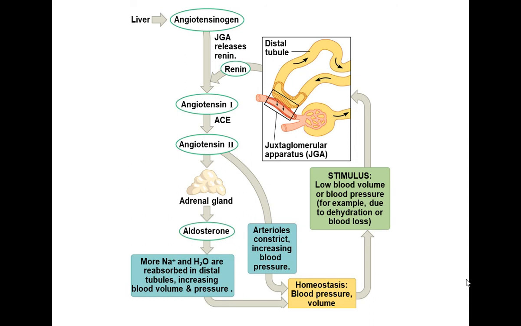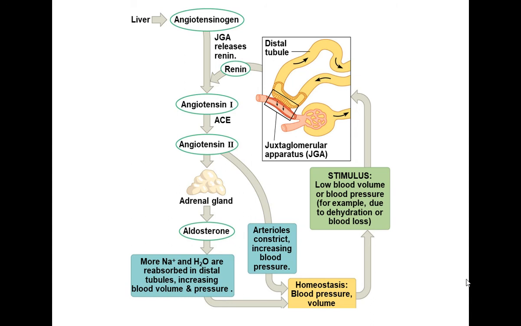Angiotensinogen, a precursor to angiotensin 1 and 2, is released in the liver or is present from the liver. Renin acts on that to turn it into angiotensin 1. ACE, another enzyme, acts on it to turn it into angiotensin 2. Angiotensin 2 on its own is able to constrict those arterioles, which physically causes a change in blood pressure, Boyle's law.